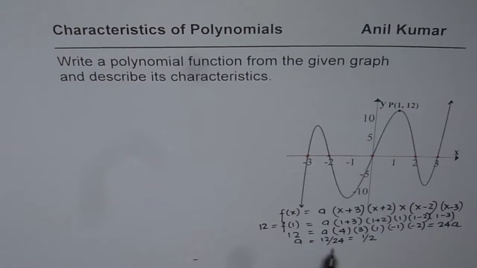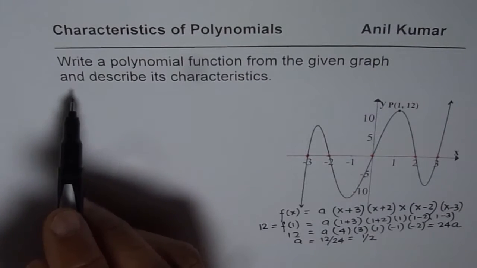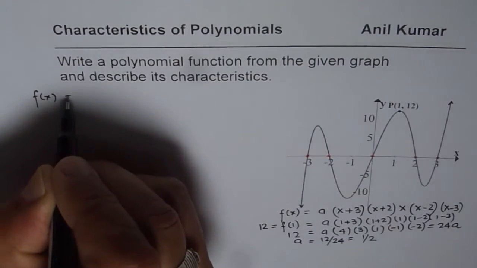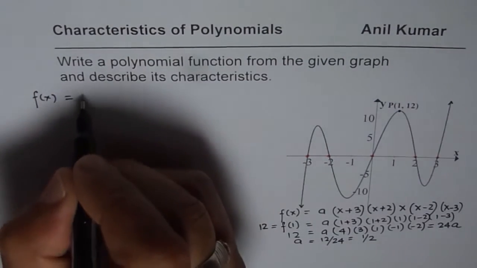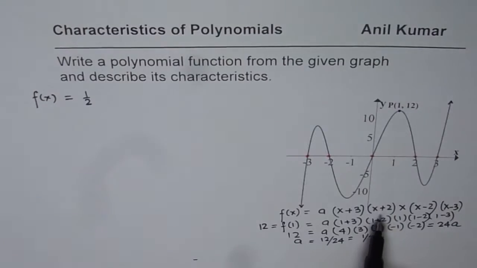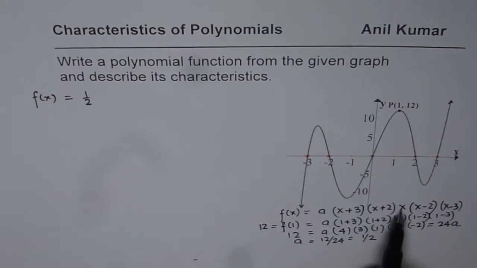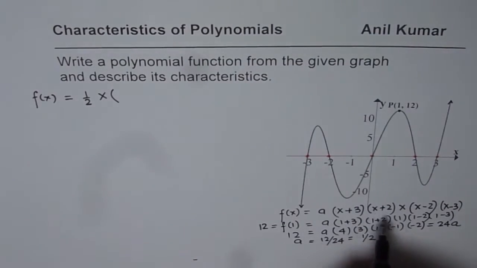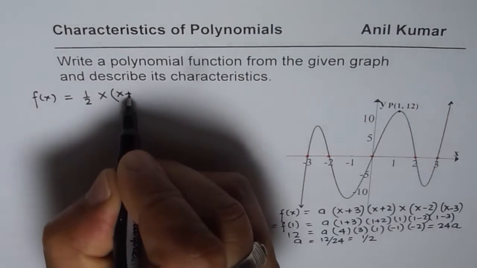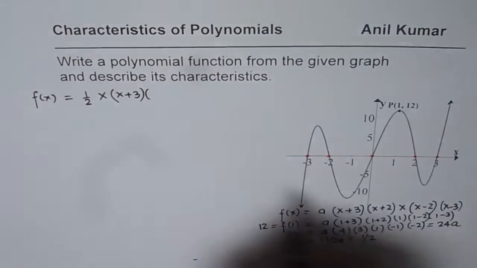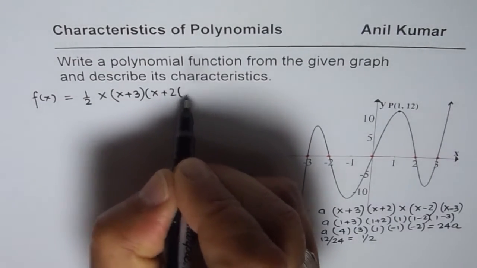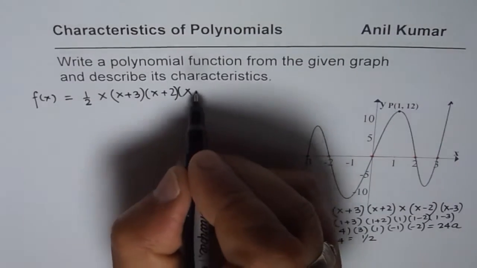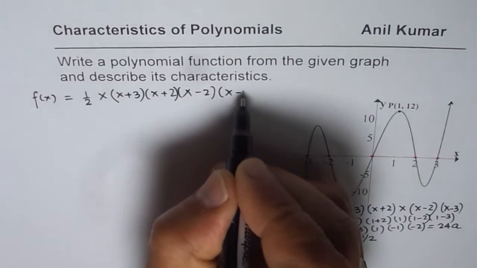So that gives us the equation. Let me rewrite the equation on this side. We have the function f of x equal to half, and we'll rearrange these factors. It's good to write x first, and then we'll write all the other factors: x plus 3 times x plus 2 times x minus 2 times x minus 3, right?